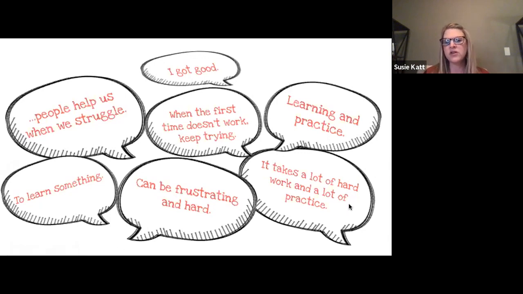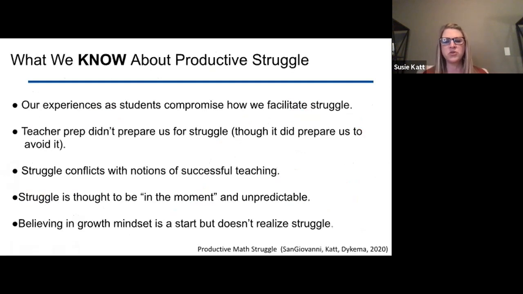The rest of their statements about struggle were overwhelmingly positive. They said it's just a natural part of learning. So we really need to run with this idea and capitalize on it, and help our students think about how struggling really does help and is an essential part of learning, not only in the classroom, but in all aspects of their life.